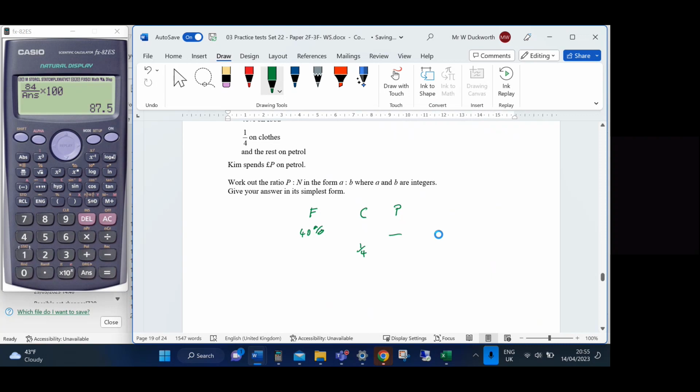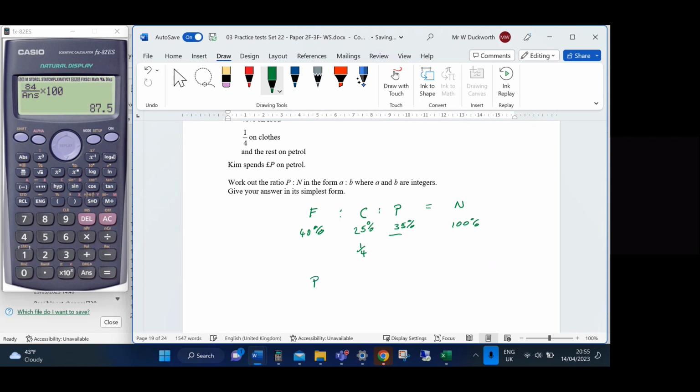So the way that I'm going to do this is I'm going to say that a quarter as a percentage is going to be 25%, which means that that's 65%. So that's got to be 35%. And then the total N is the total. That would be 100%.